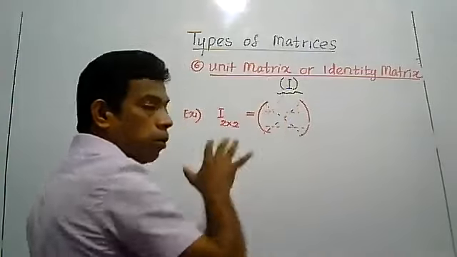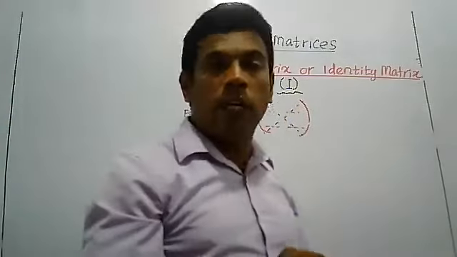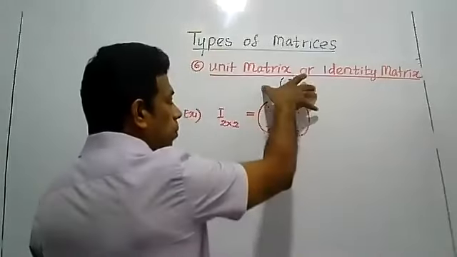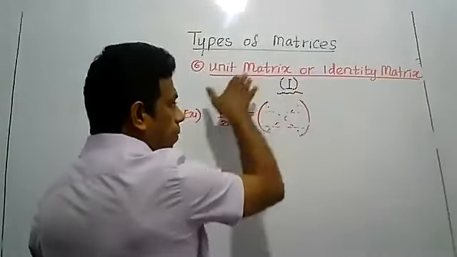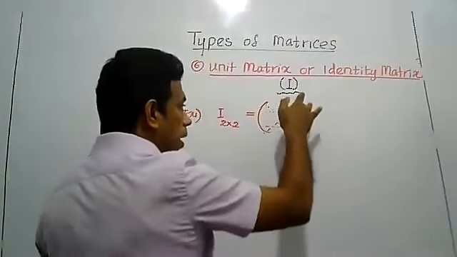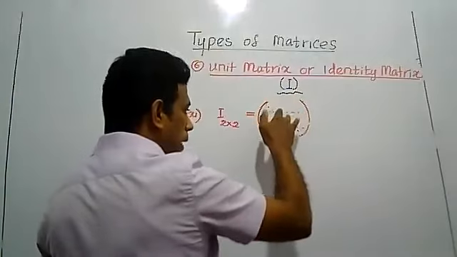Identify which of these 2 diagonals is represented by top left to bottom right. So this is the main diagonal, and I will remove the other diagonal.